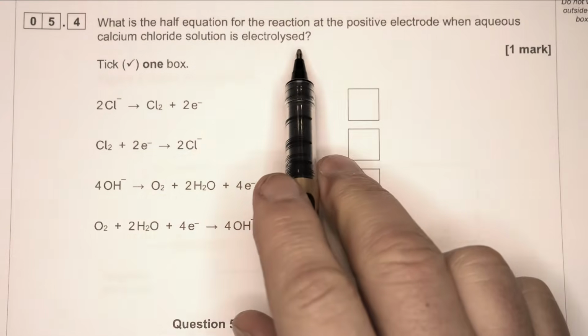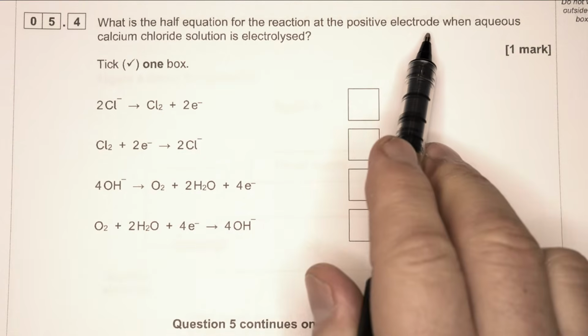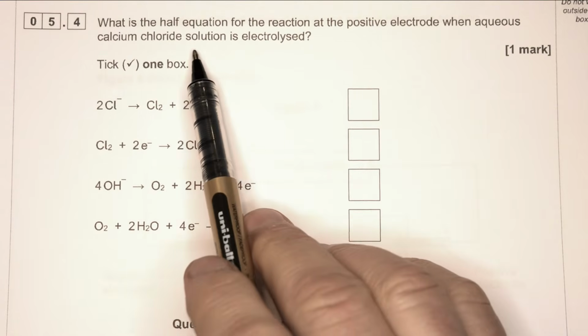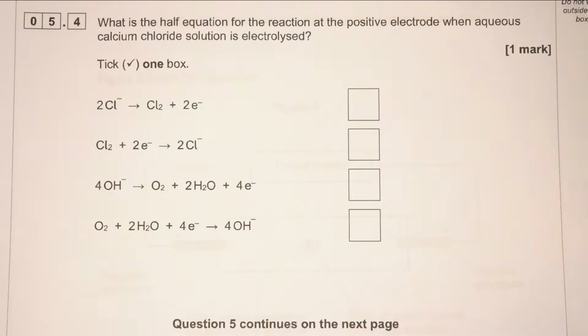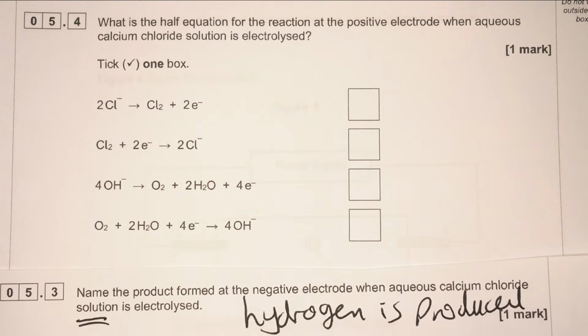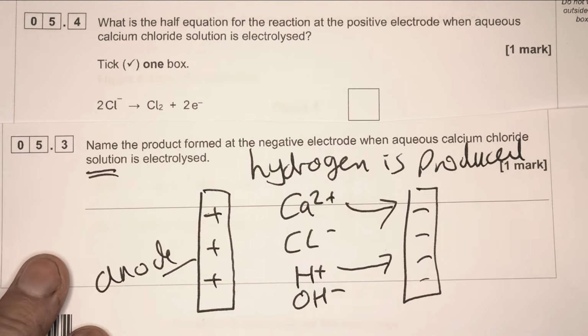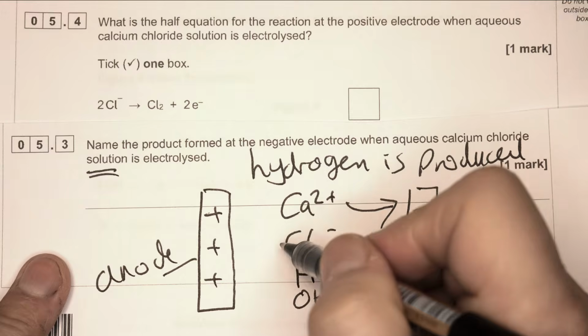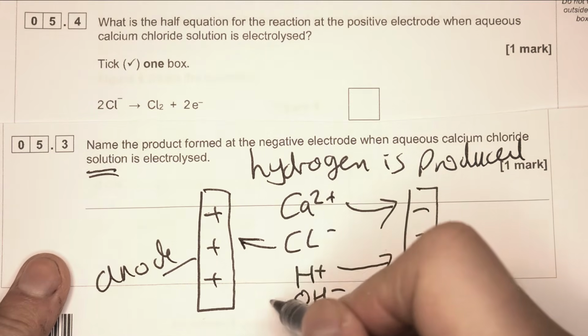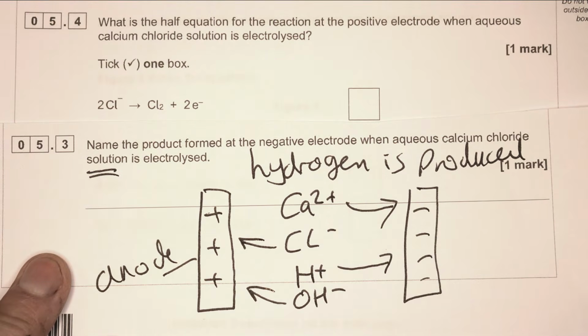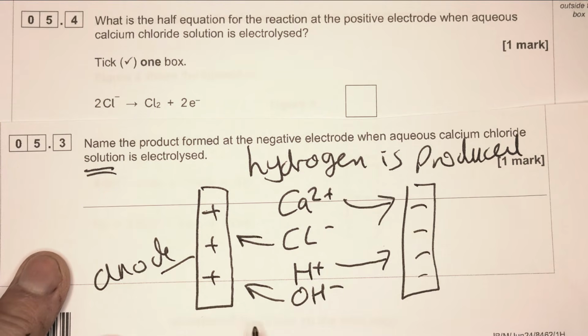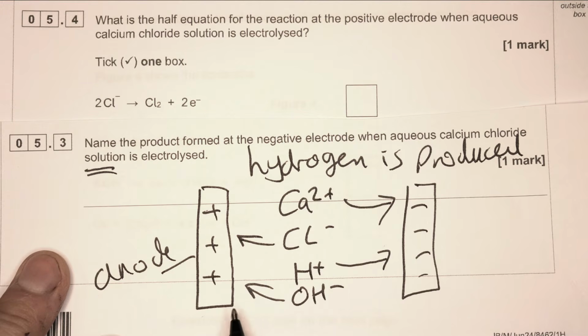What is the half equation for the reaction at the positive electrode when aqueous calcium chloride solution is electrolyzed? Well, if we bring back my working out diagram here, we can see at the positive electrode it's going to attract the chloride ions and the hydroxide ions. And the rule for this side is if we have a halogen, that will be discharged, or a halide ion.